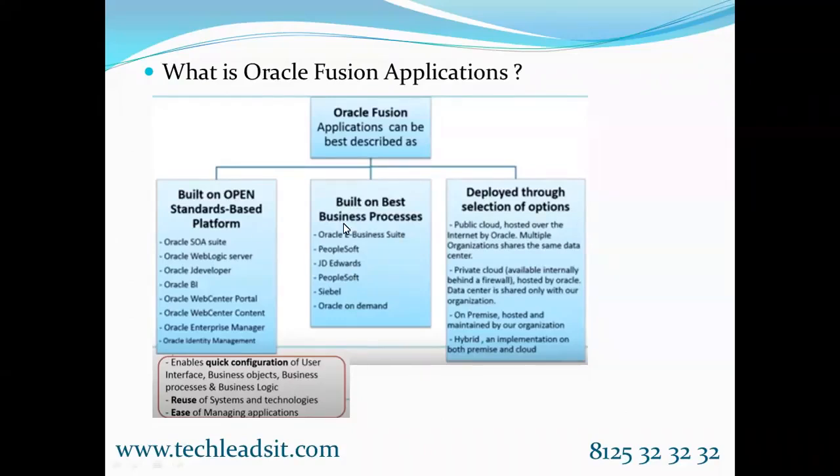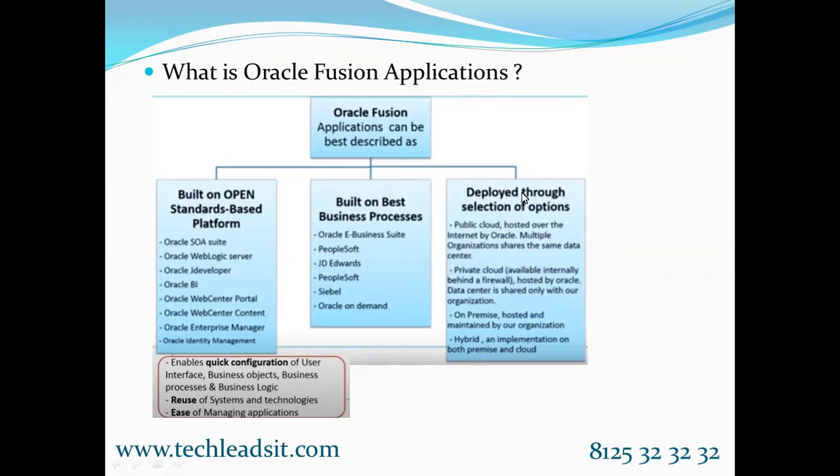All the business processes are together in a single place, and these are based on a standards-based platform like Oracle SOA Suite, WebLogic Server, Oracle JDeveloper, Oracle BI, and Identity Management. These business processes and platforms are placed together in a single place called our cloud application, nothing but a Fusion application. These processes are deployed into various cloud models like public cloud, private cloud, and on-premise hybrid.